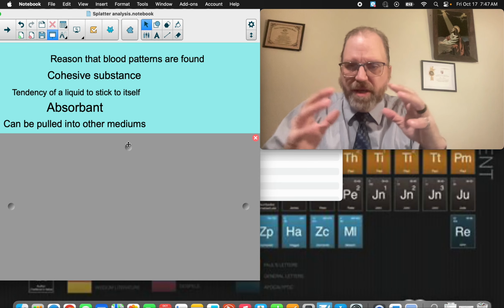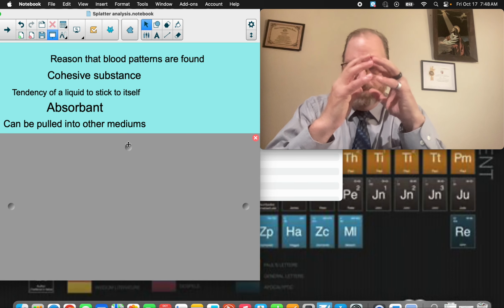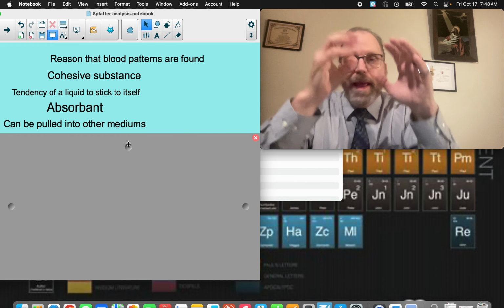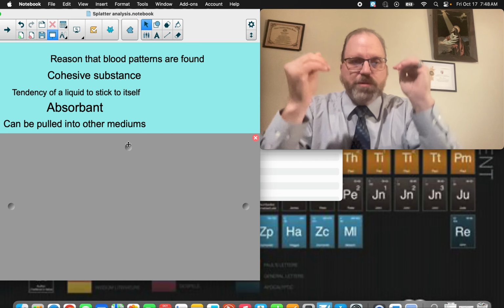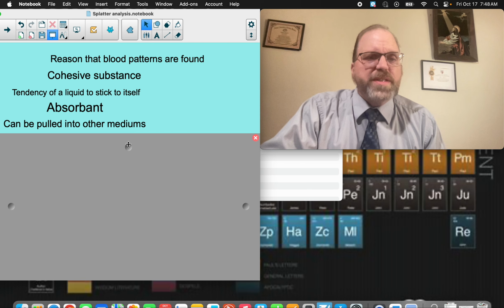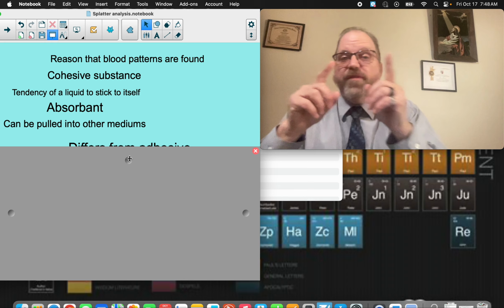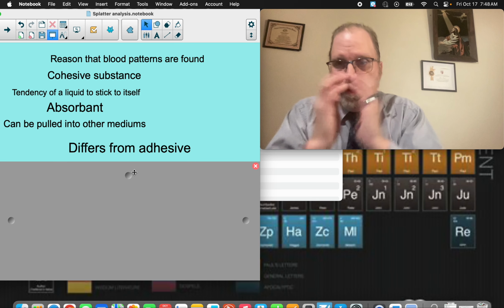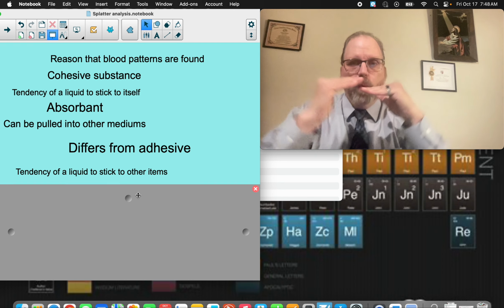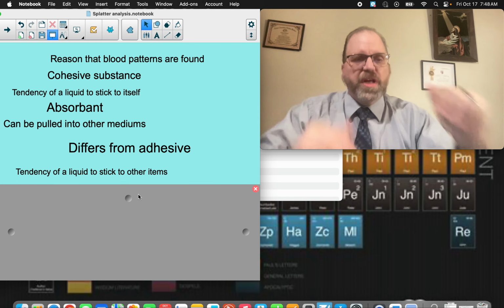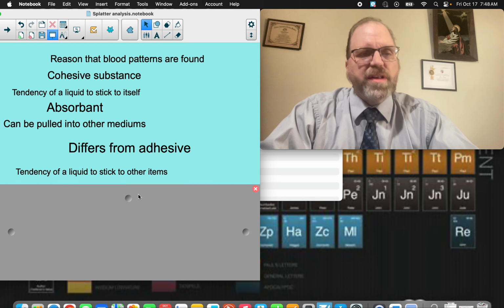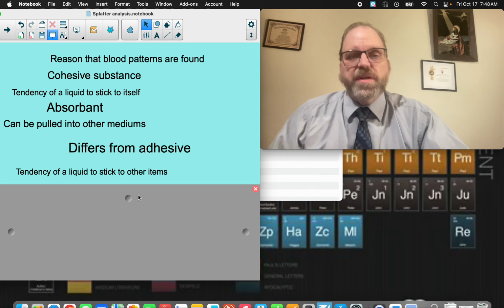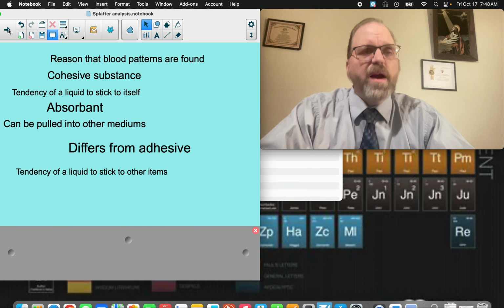So if it hits something, it can actually be a drop, and if there's a material there that is absorbent at all, it will be pulled into it. Now, cohesive is different from adhesive. Cohesive, like mercury, balls up. Adhesive, like water, pushes on the edges and rises on the lips, which is the tendency of liquid to stick to other items. All right.